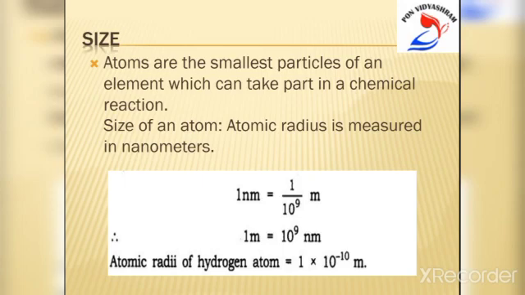Atomic radius is measured in nanometers, which is a very small unit of measuring length. 1 nanometer is equal to 1 by 10 power 9 meter, or 1 nanometer is equal to 10 power minus 9 meter. Atoms are so small that we cannot see them even under the most powerful optical microscope.